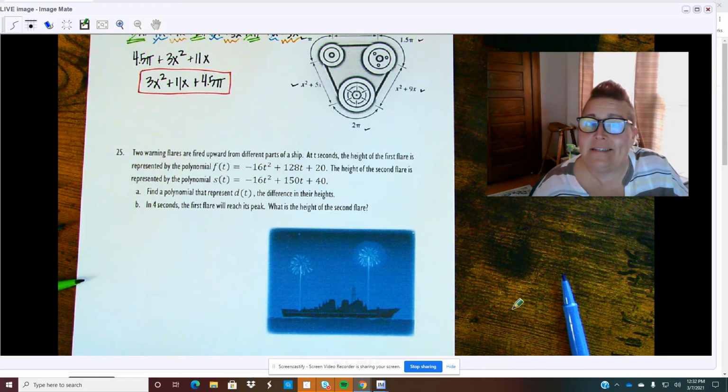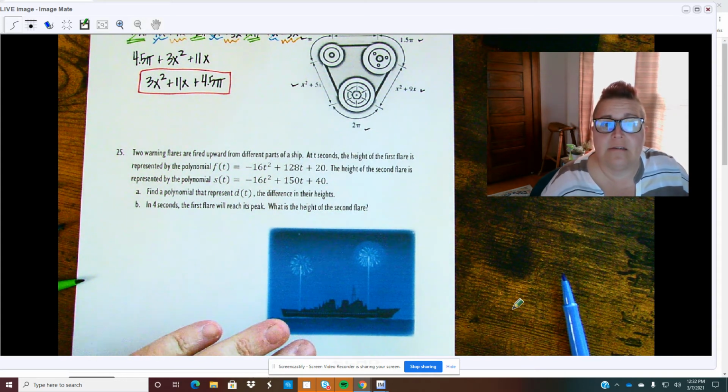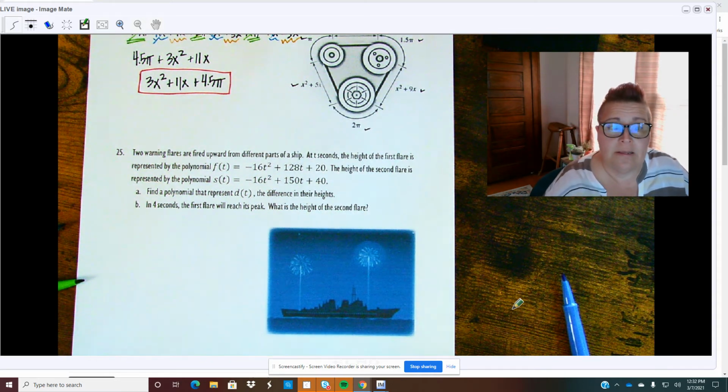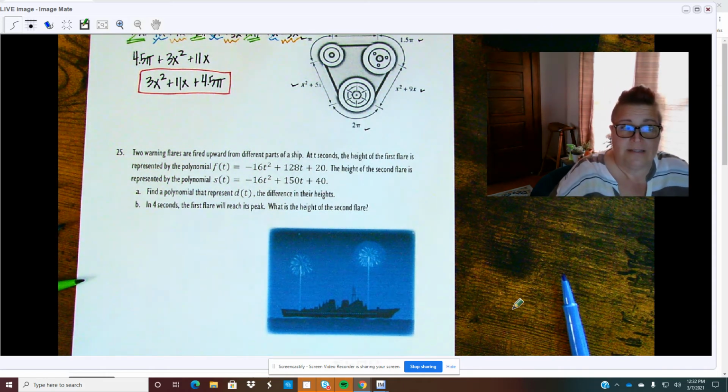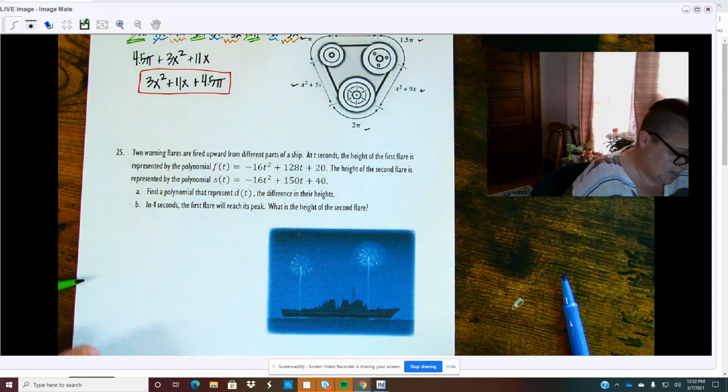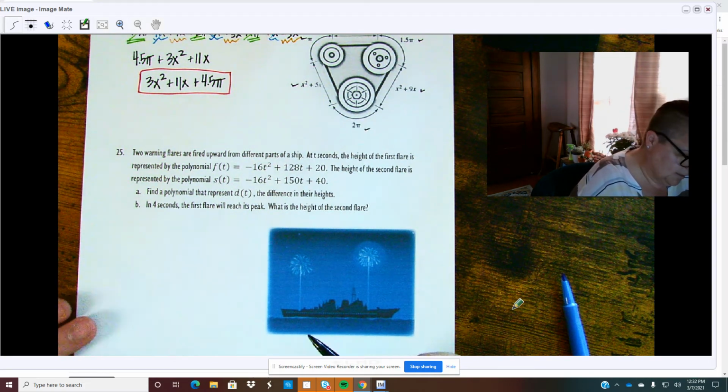So, since this section is about adding and subtracting, and they've said difference, I am going to go out on a limb here and say that the skill that they want you to practice is subtracting the 2 polynomials. So we've got f of t is a negative 16t squared plus 128t plus 20, and the second one is a negative 16t squared plus 150t plus 40. So I'm going to say that I need to subtract.